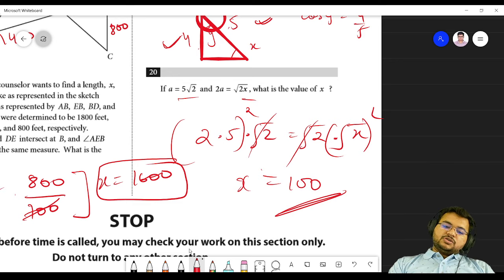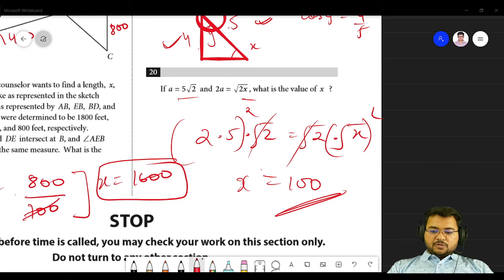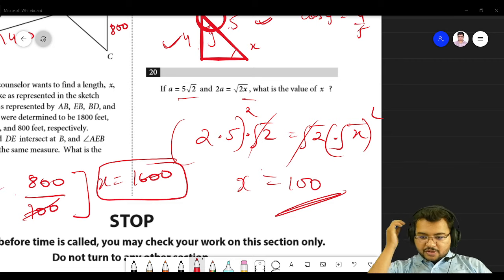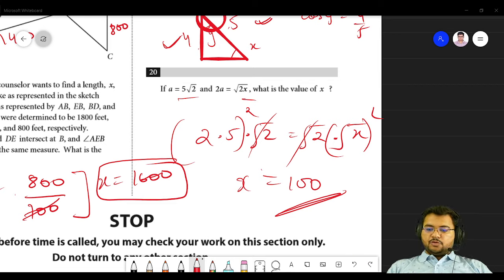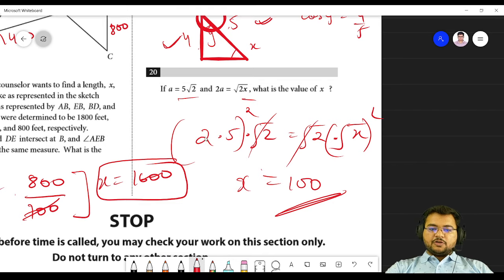Okay, so this way you will be able to solve the questions, and I think we have done it in 14 minutes with explanation. Without explanation I can easily do it in 4 to 5 minutes, let's say, but as I was explaining how I am doing it, it took me 14 minutes, and I think we have a time limit of 20 minutes to appear for this paper.